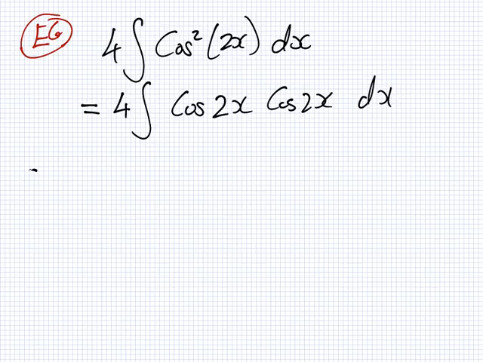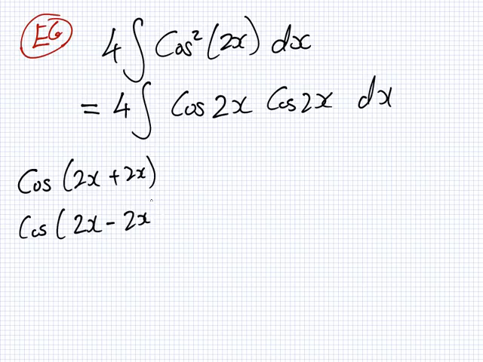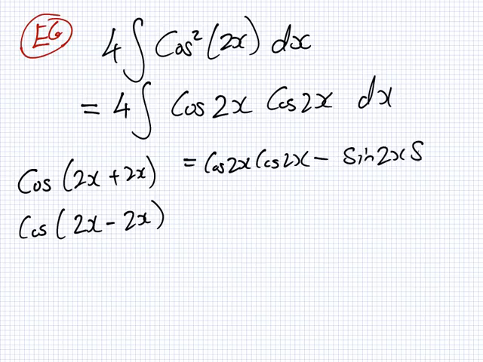So for example, you know that cos(A plus B) and cos(A minus B), it will be equal to cos A cos B minus sine A sine B. You remember this one? And then you have cos(A minus B) is cos A cos B plus sine A sine B.